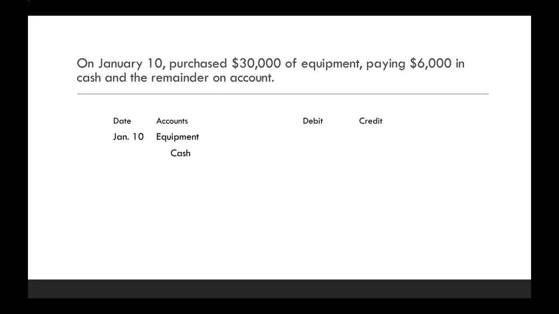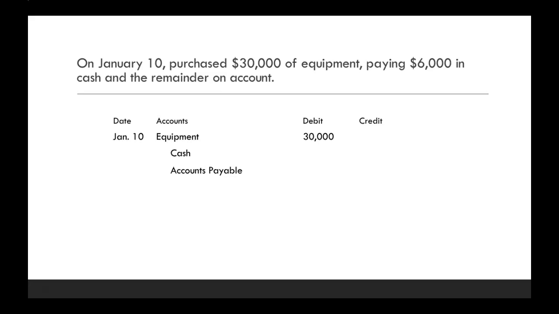And then it says the remainder on account. Well, that means that we will have to pay this remainder down the road. So we credit our accounts payable because we owe people money. Accounts payable is a liability, so it's increasing with this credit. Now for the numbers. Equipment. How much are we going to debit equipment for? Well, that's the $30,000.